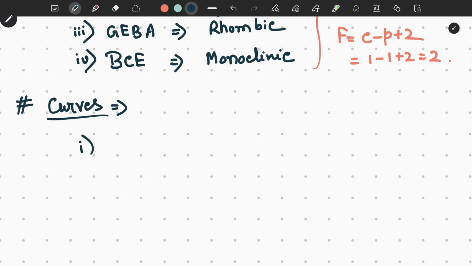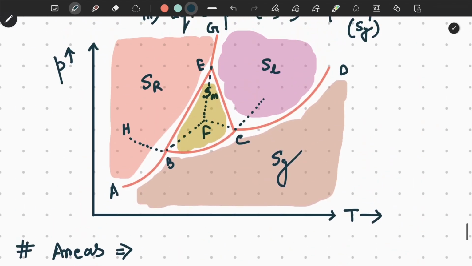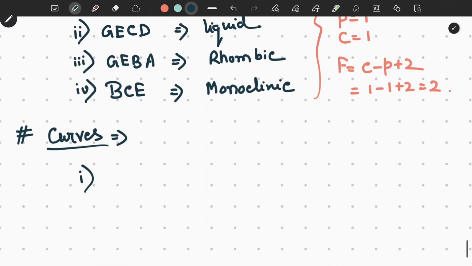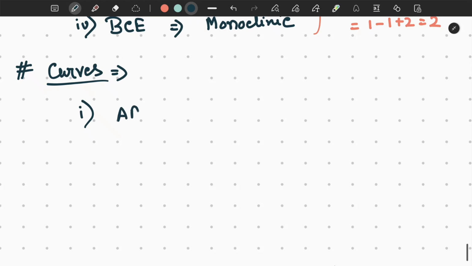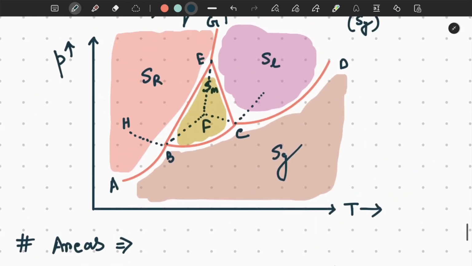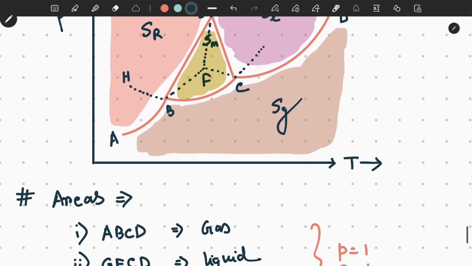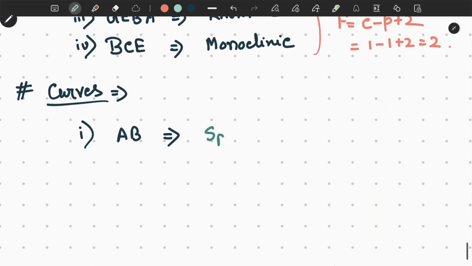What will be the curves? First, you can see here AB, BC, CD. First, AB. What is happening at AB? The AB curve is suggesting this transition, right? Rhombic to gas.